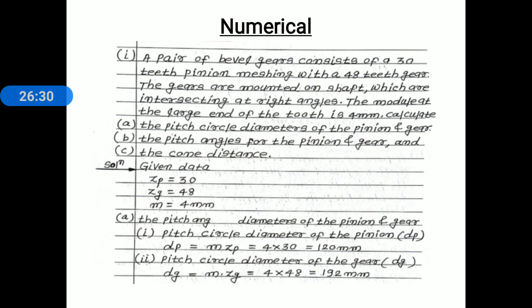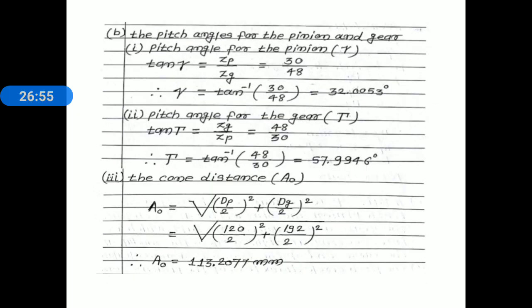Number 2, pitch circle diameter of the gear, D suffix G. Here we use capital letters. Basically, we use a capital letter to denote the pitch circle diameter of a bevel gear. Okay, remember that. D suffix G is M into Z suffix G. M is 4 and Z suffix G is 48, and we get a pitch circle diameter for the gear of 192 mm.